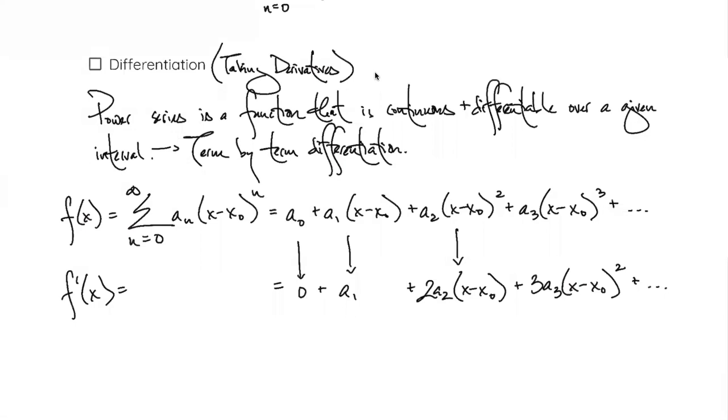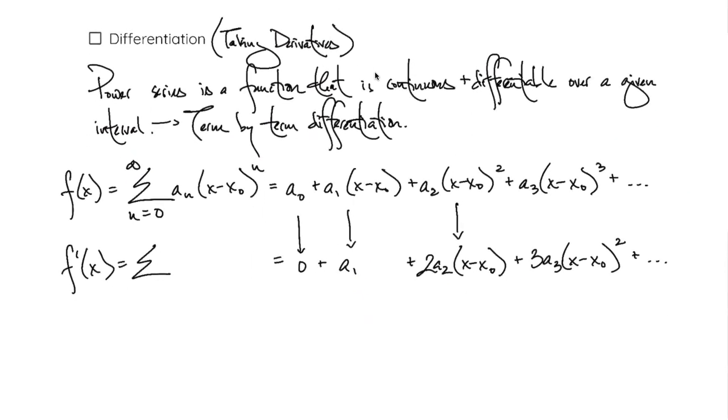And so my question to you is this: how do we write a sigma notation for this series? Maybe we start with the bottom number. I started with n equals 0. What should my new bottom number be for the derivative?